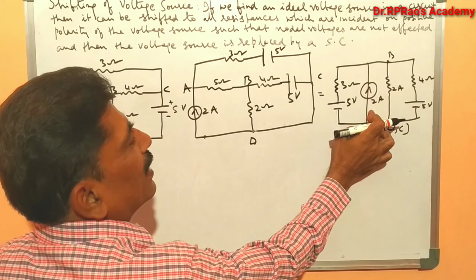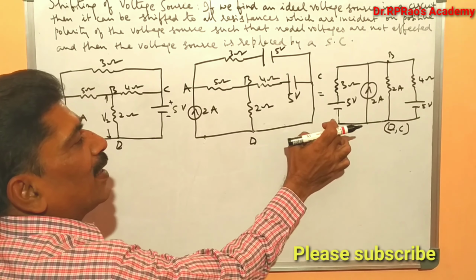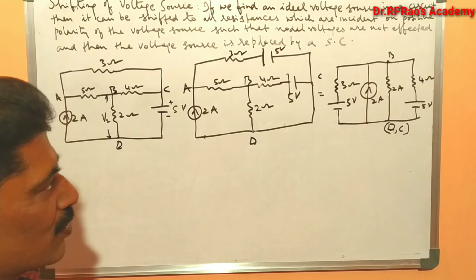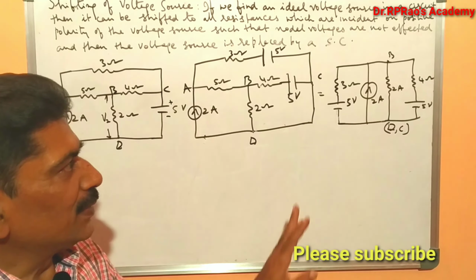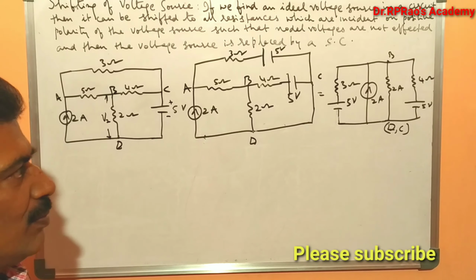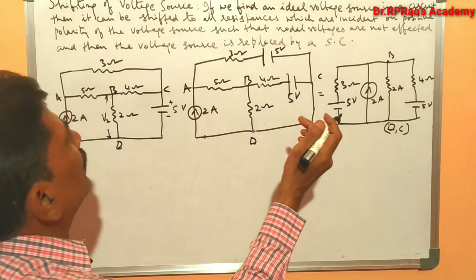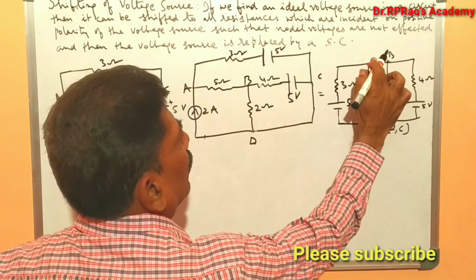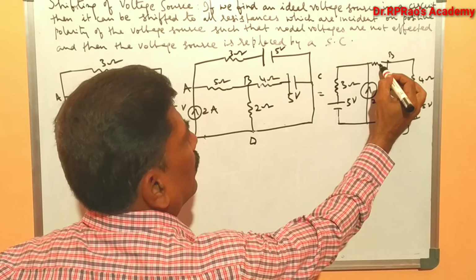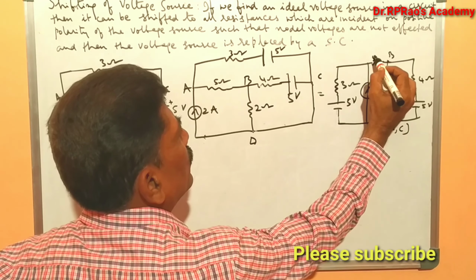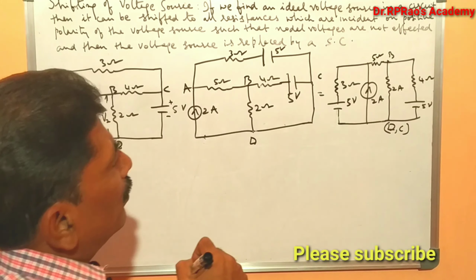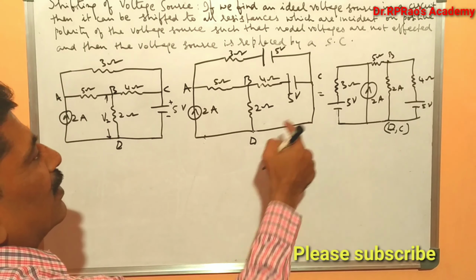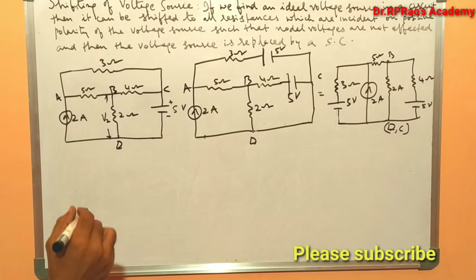This is a practical voltage source. So, this can be converted into a current source now, so that the currents can be added up. The circuit will be further simplified. There is a 5 ohms resistor here. So, in the next diagram, let us convert this practical voltage source into a current source.